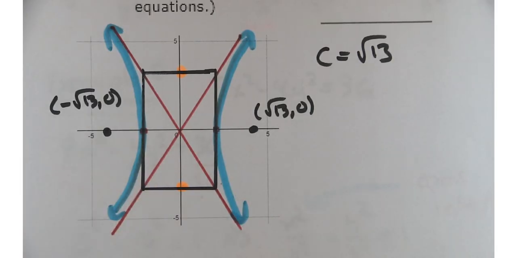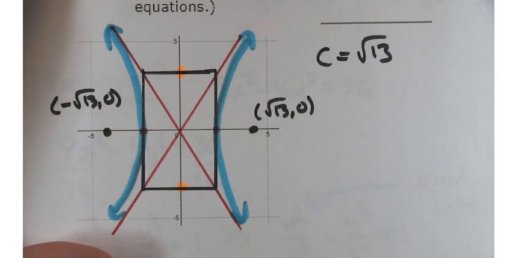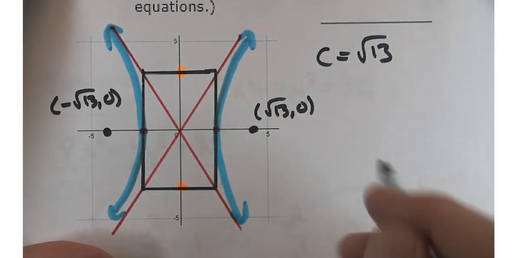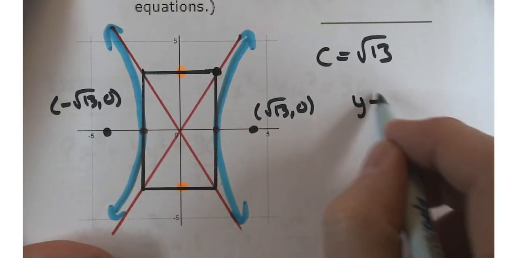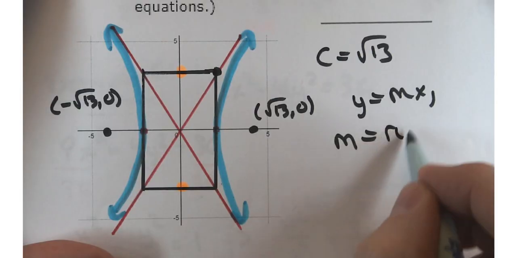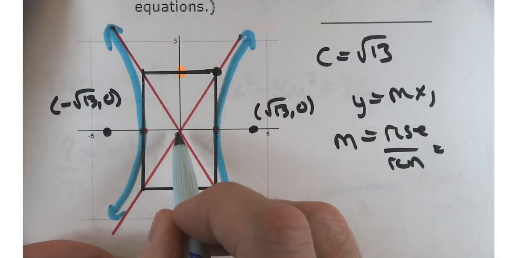Oh, there's one more thing I guess we could do. We can find the equations of the asymptotes. So we already know it's going to be y equals mx. We just need to find m. M is going to be the rise over the run. The run is the distance this way.